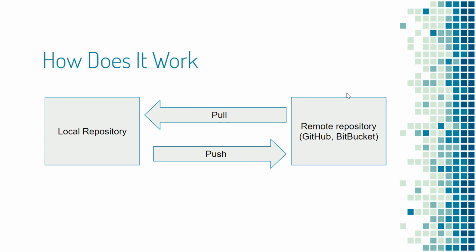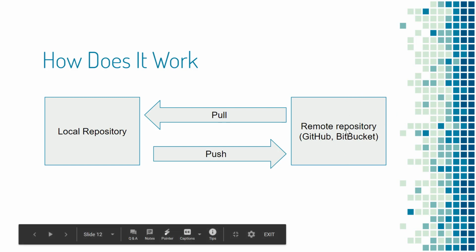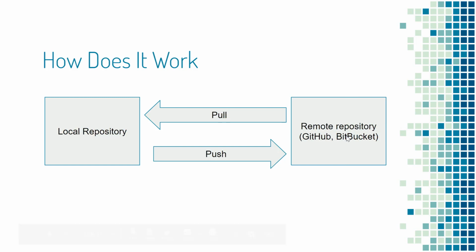At first, you create your repository in one location. Then you pull this repository to your local machine and do all your modifications there. Once you are ready to push your changes to the remote, you use the push mechanism to push the changes from local to remote.